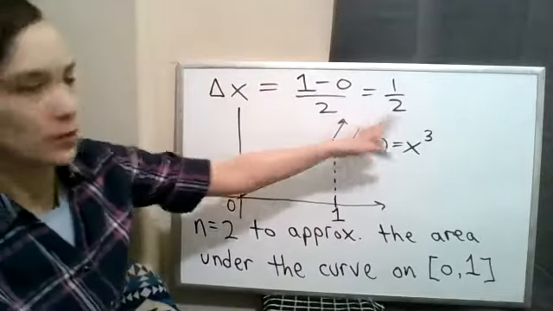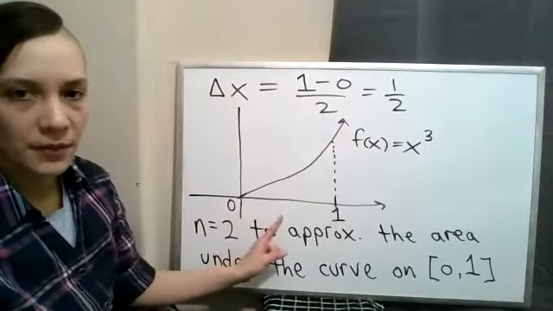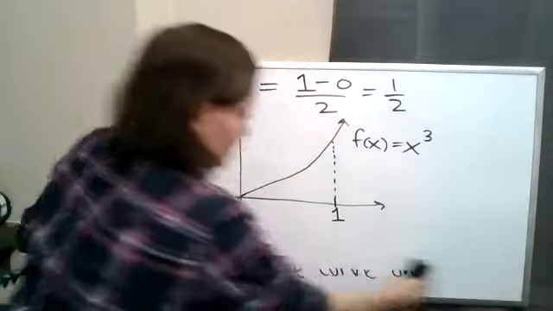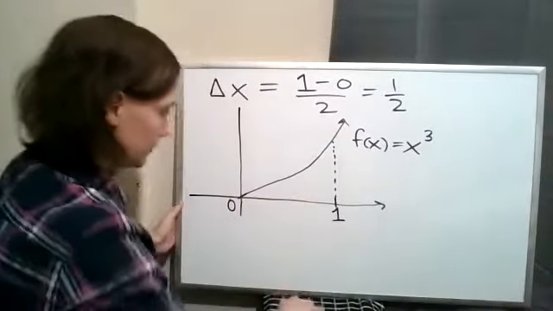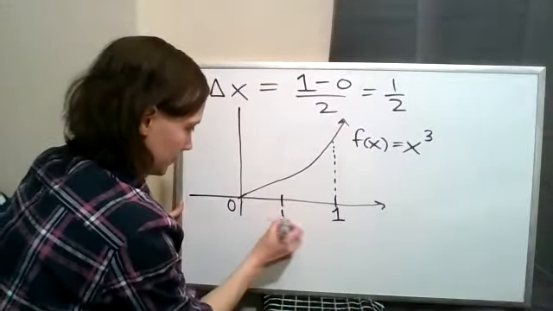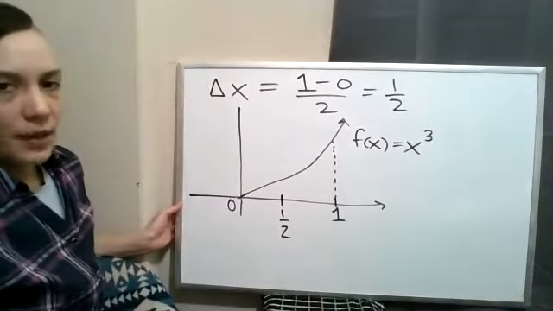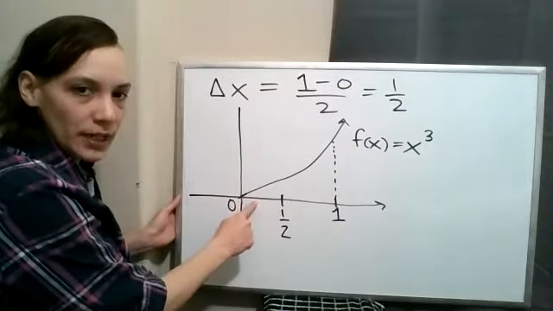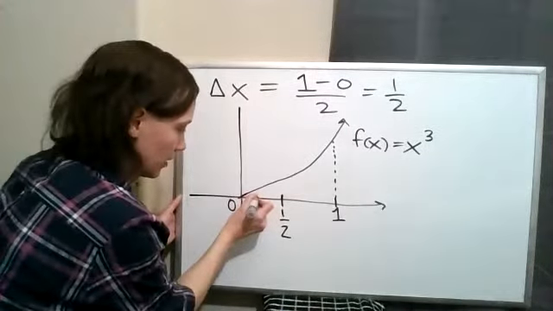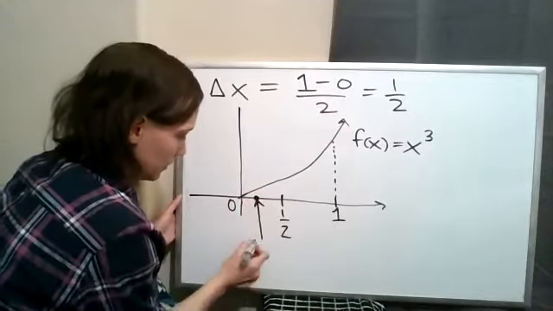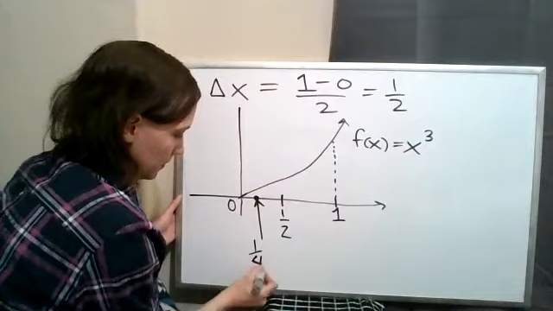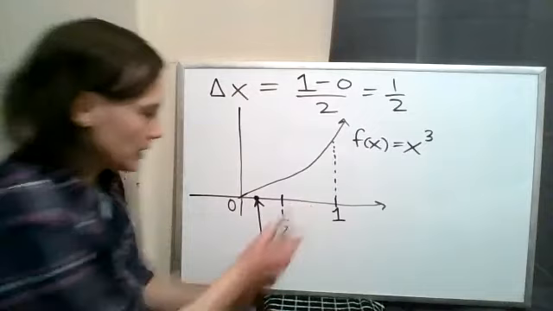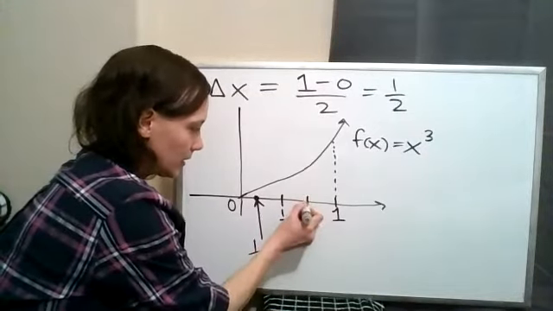And the width of our intervals is 1/2. So from 0 to 1/2 and 1/2 to 1. But we're going to use midpoints. So between 0 and 1/2, find the midpoint, 1/4. And this will be as 1/4, 2/4, 3/4, and 1 is equal to 4/4.